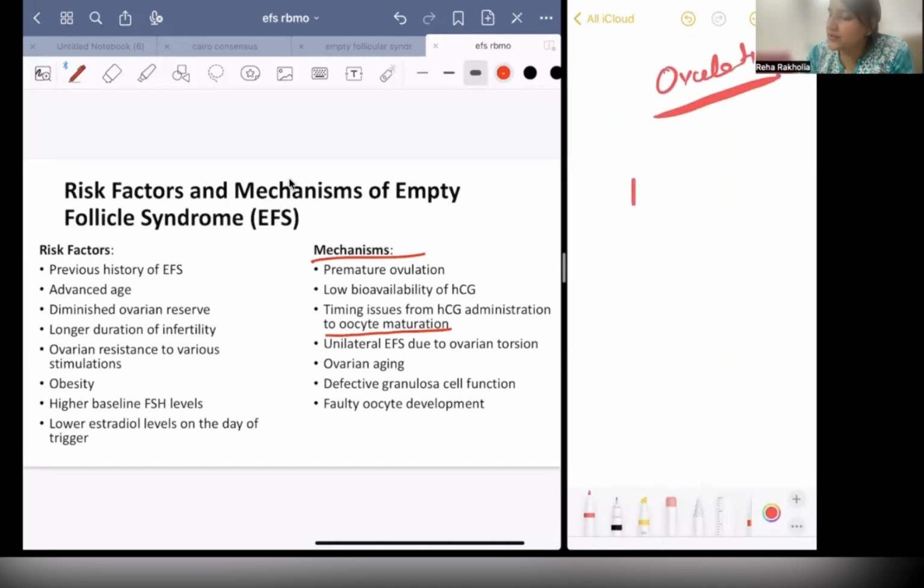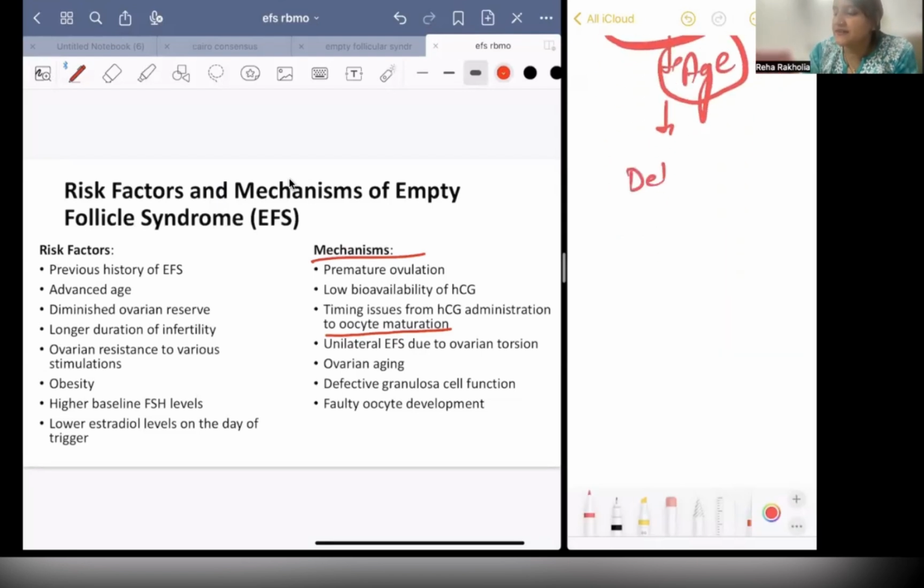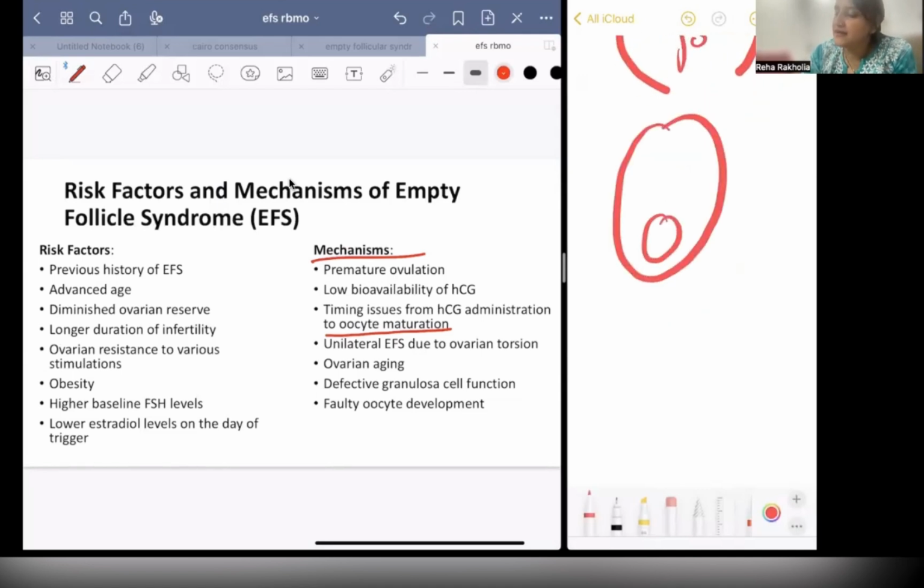And in ovarian torsion, if there is unilateral EFS, it can be due to the ovarian torsion. And in ovarian aging, there is defective folliculogenesis. So follicles will be tightly adhered to the cumulus.